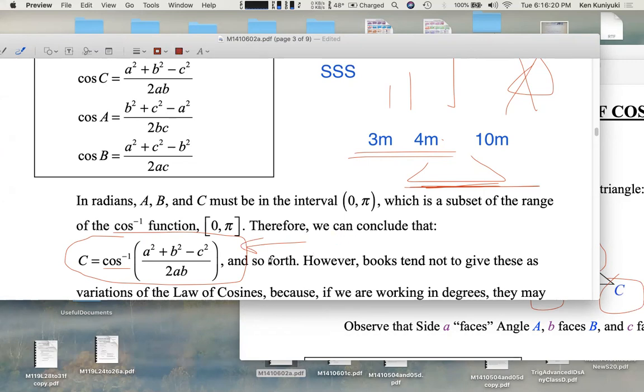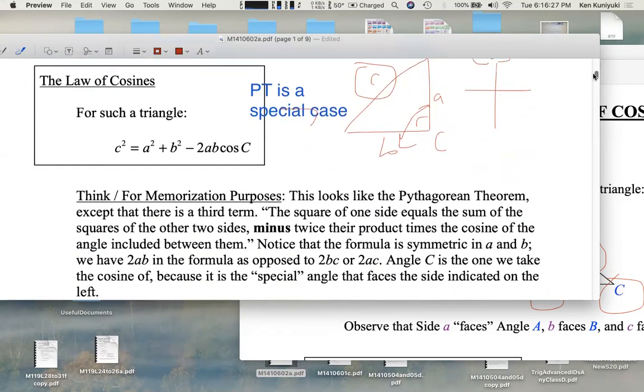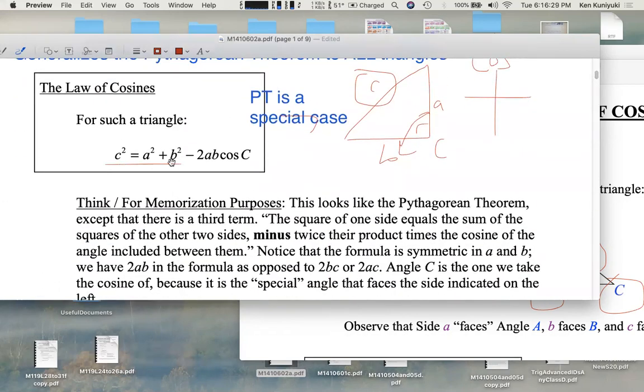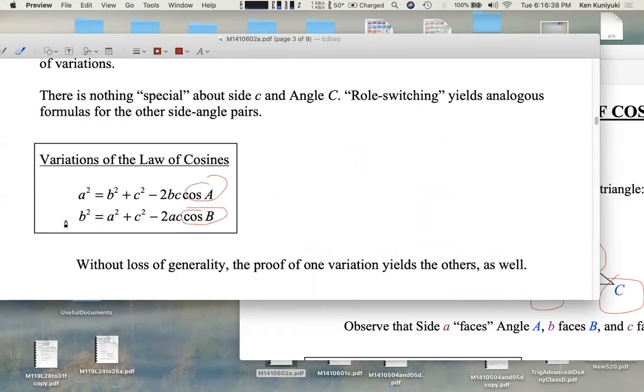So there are 9 variations. But again, you really just have to memorize the very first one. It looks a lot like the Pythagorean theorem, but there's a fudge term over here. And then from symbolic symmetry, you can get the other 2 versions for a squared and b squared.